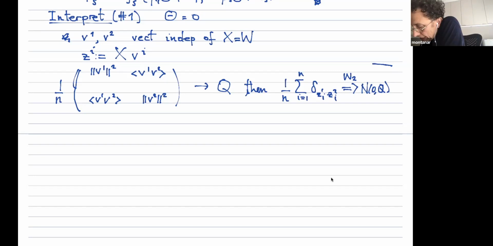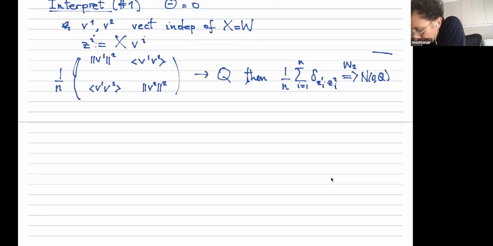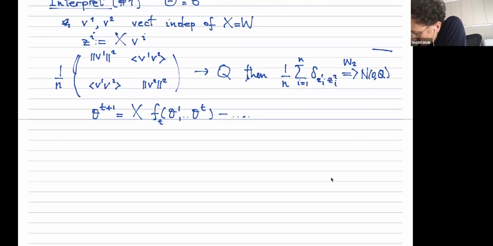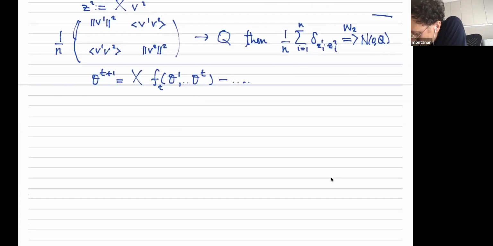Now, in our case, I remind you the algorithm: we are taking a matrix and hitting a function of the previous iterate, and then we are subtracting this term that we call the Onsager term or the reaction term.